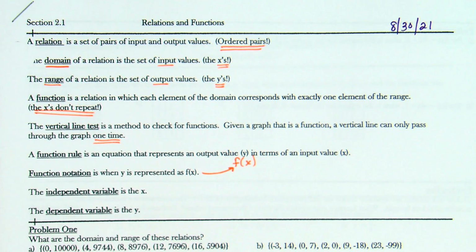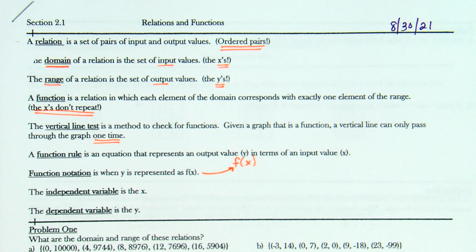And then good to know, independent, dependent variable. x is always your independent variable. x is the one that determines itself, whereas y is the dependent variable. It depends on the x. It depends on that independent variable. For instance, time. Time is always an independent variable. It's always x. Can we adjust time? Do we have any control over time? I mean, time is time.